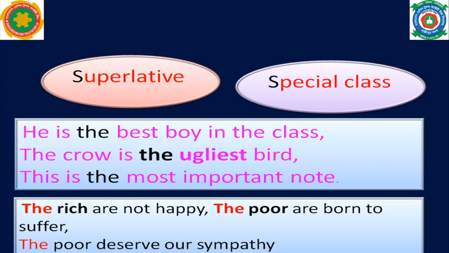This is the most important note. In the same way, most important is the superlative form. You have to keep in mind that with good, which is one syllable, it's best, but important has three syllables. Then you have to use most.